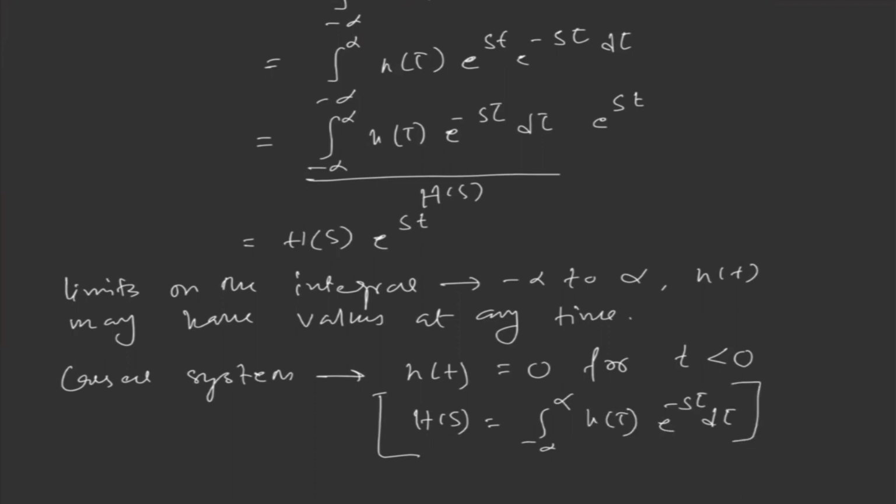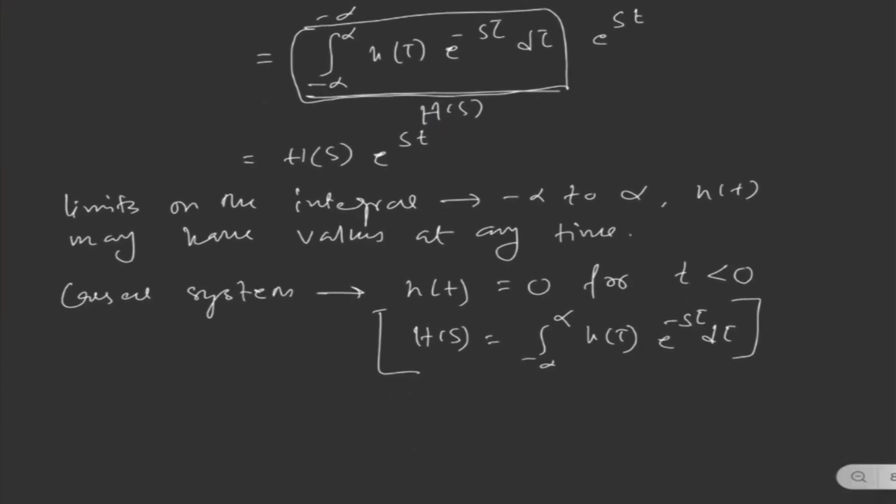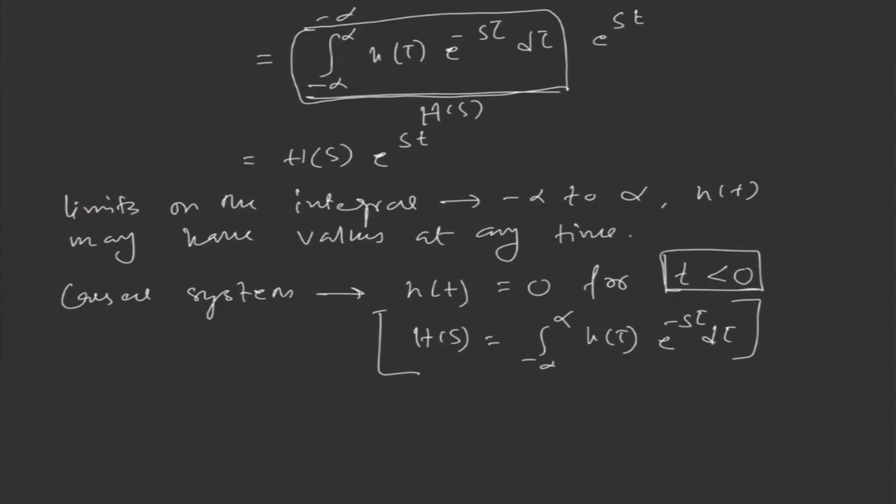This is the function we found here. So if we assume a causal system, then for t less than zero, h(t) should be zero. Based on this condition, we can write H(s) as the integral from 0 to infinity of h(tau) e to the minus s tau d tau.